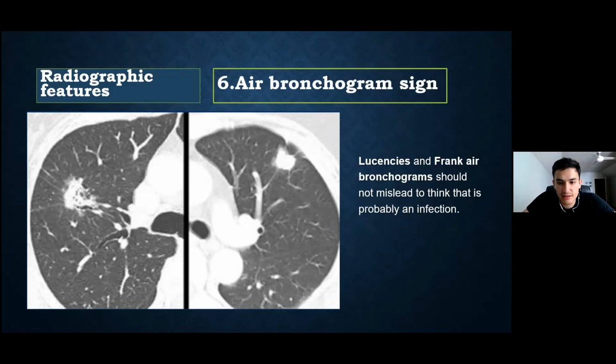And on the right, we are seeing a solid nodule that is most likely lobulated and has some spiculations also. Both nodules are suspicious for malignancy, but the air bronchogram sign provides a higher suspicion of malignancy. So the one on the left is more likely malignant than the one on the right.